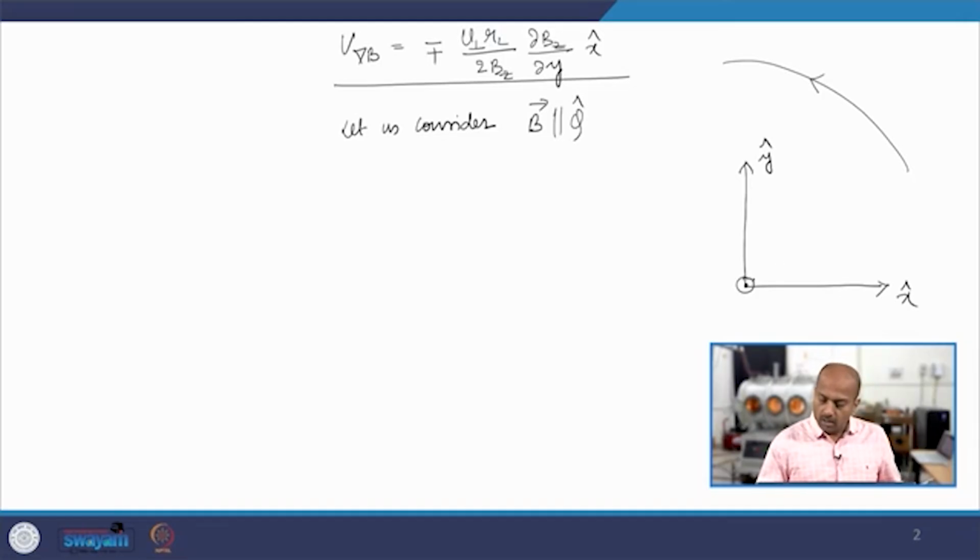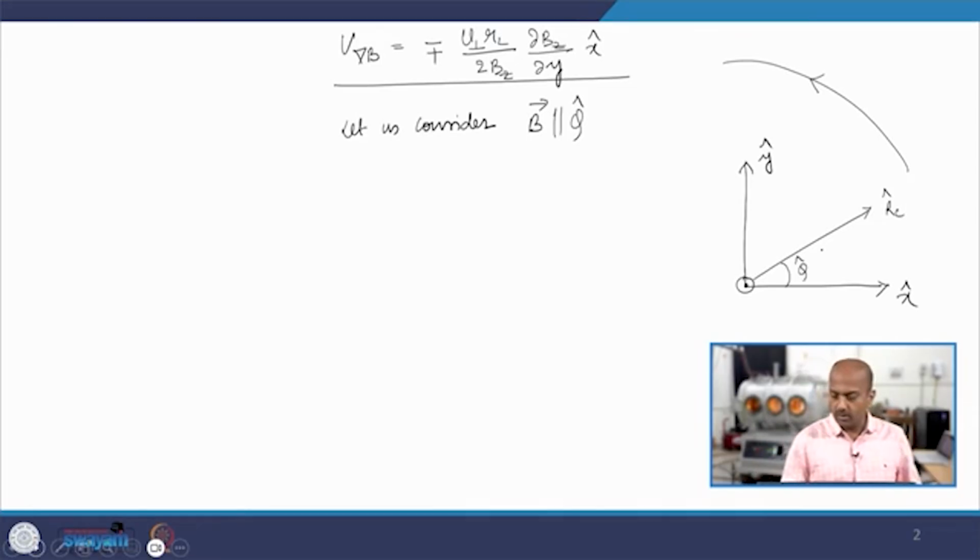Okay. So, this is the radius RC, and we define phi cap in this direction, or the angle itself as phi, and the unit vector which is denoting the increase of the angle away from the x axis is phi cap. So, this is the angle phi, and the corresponding unit vector is in this direction.